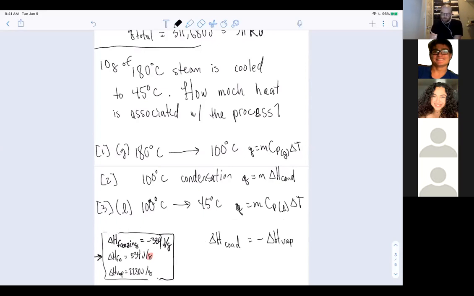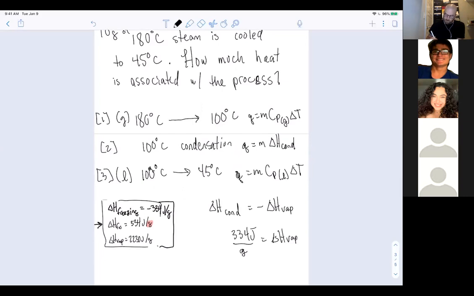And this should make sense, right? Because delta H of vaporization is 334 joules per gram. So this is positive for endothermic. And if you think about it, it should be an endothermic process because it's going to take heat to take liquid water and convert it into steam.